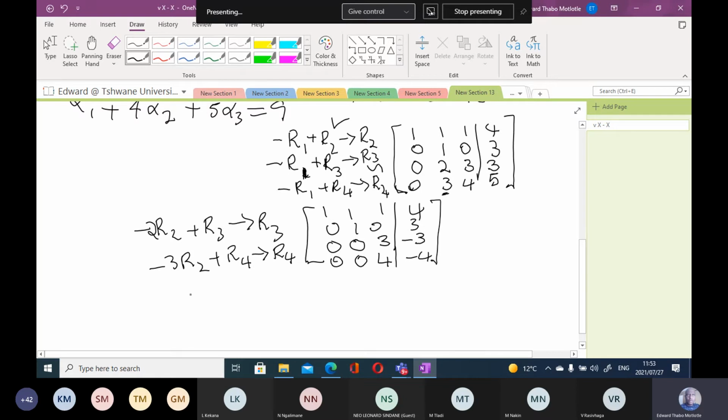I'm doing back substitution. So these 2 equations, they give me an answer of alpha 3 equals to minus 1. So my alpha 3 is equal to minus 1. And the equation here gives me alpha 2 to be equal to 3. And now I'm only left to determine alpha 1.